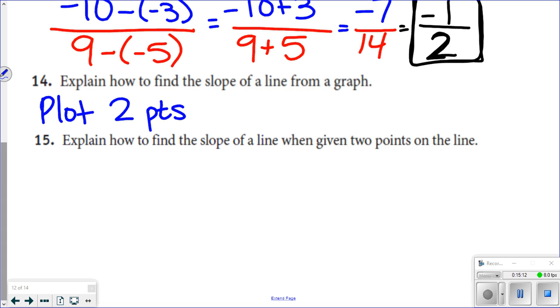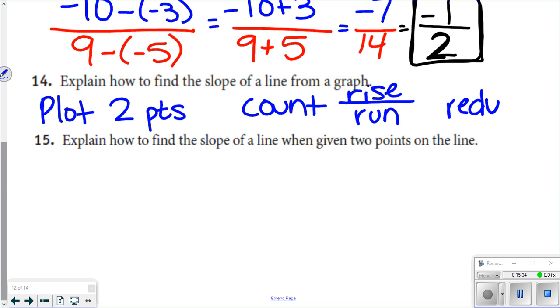Then, after you plot those 2 points, all you really need to do is count rise, which is my change in y, my vertical change, divided by your run, which is your change in x or your horizontal change. And then, of course, if necessary, we need to reduce or simplify the fraction.